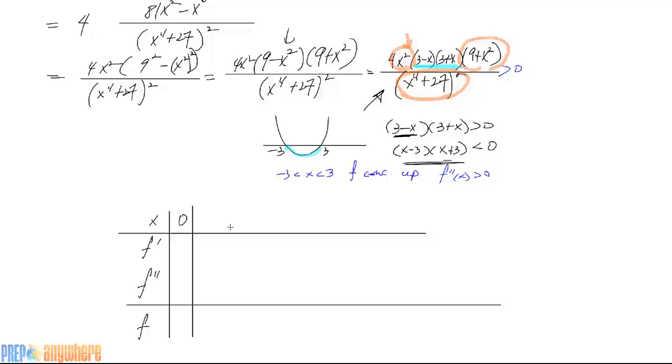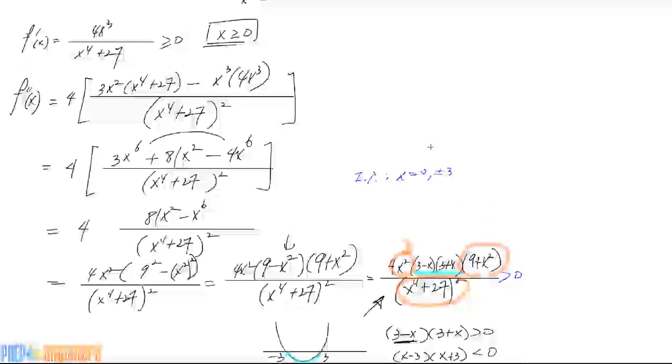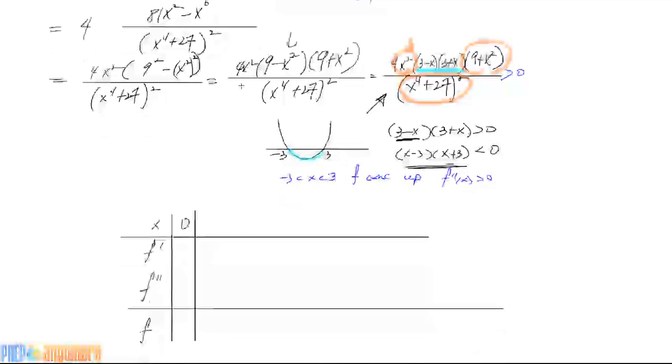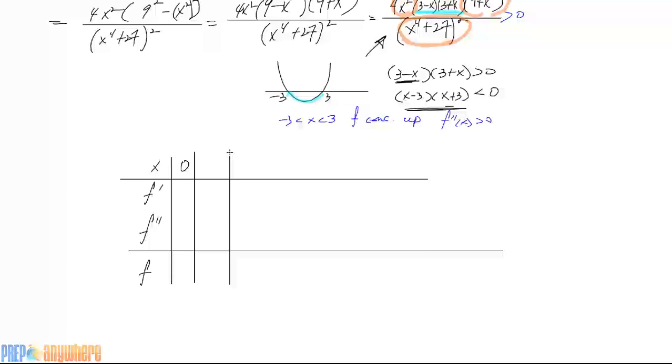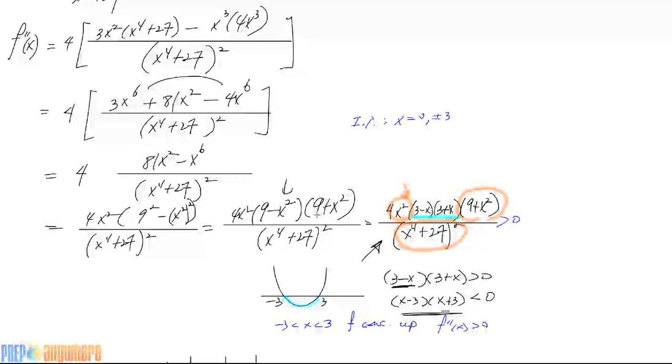So what are the critical numbers that we have to worry about? 3. And what about from the first derivative? Only 0, right? Well, that's actually very simple. It's turning out very simple, right? So I know that the first derivative is positive where?